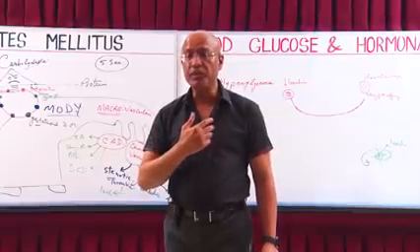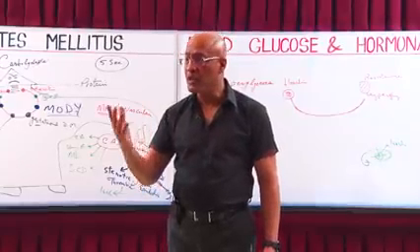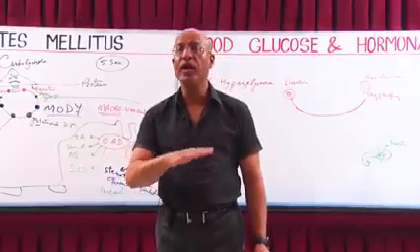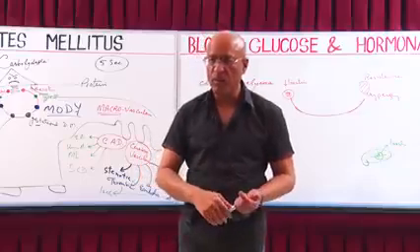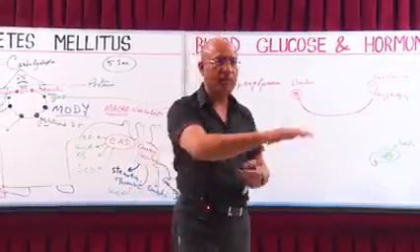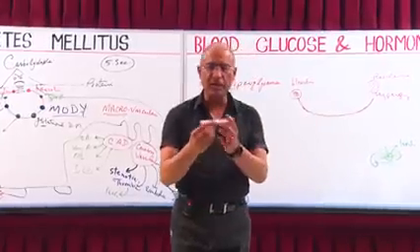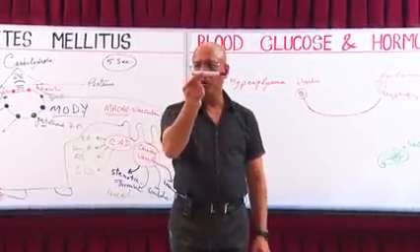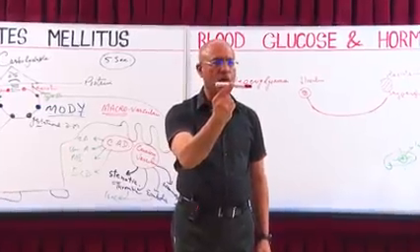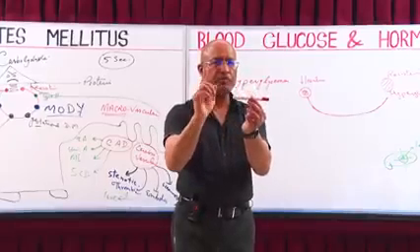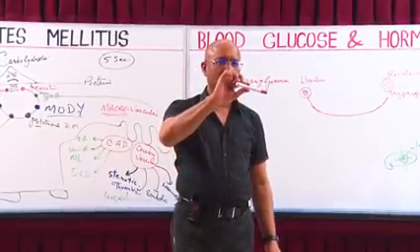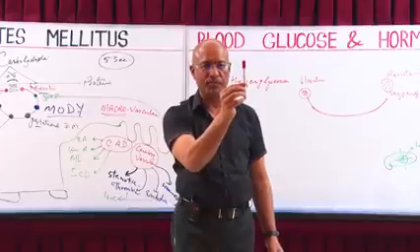Then patients who have autonomic neuropathy may develop orthostatic hypotension. What is orthostatic hypotension or postural hypotension? From a lying down position, for example, here you are lying down or sitting, a normal person, and due to some reason you suddenly stand up.